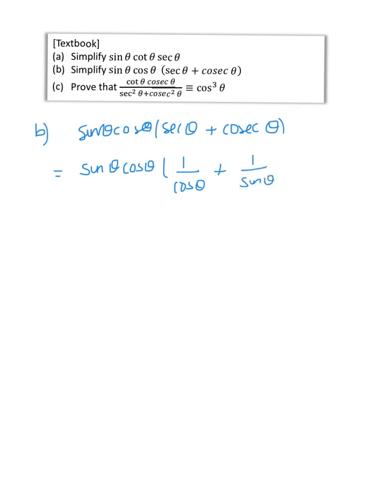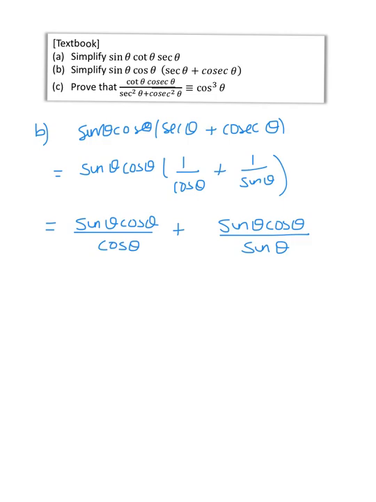Make sure you get those the right way around. Expanding my brackets, that will give me my first fraction, sine theta cos theta over cos theta, and the second term, sine theta cos theta over sine theta. I can cancel out my coses, cancel out my sines, and that will leave me with sine theta plus cos theta. I can't do anything else with that, so that's my answer.